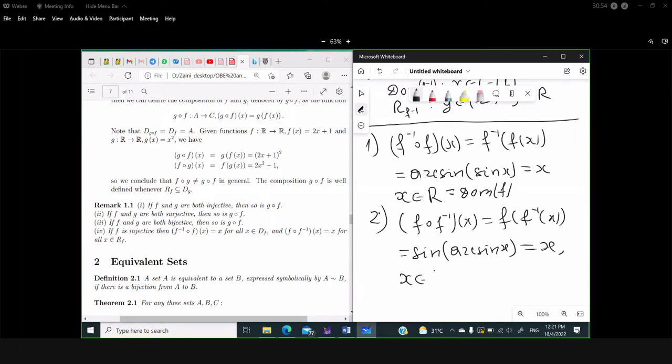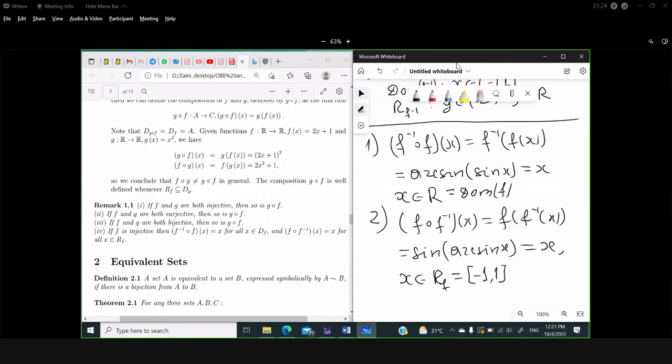So RF, what does it mean? For the given function f, sine x, RF is minus 1, 1. So this is the range of f. So here this x, the input of the inverse function, varies from minus 1 to 1.